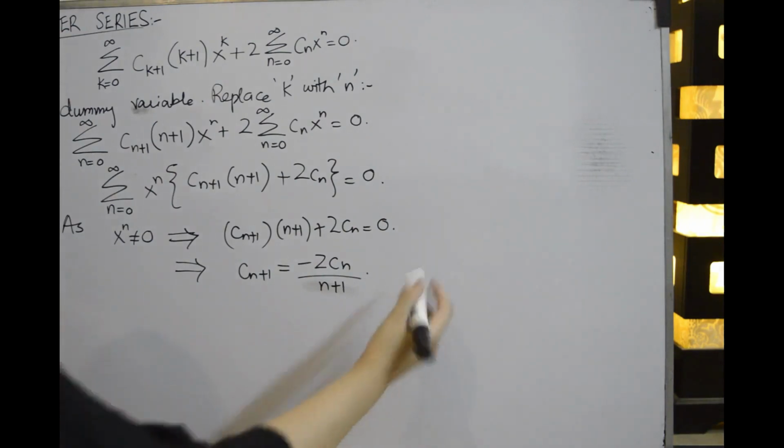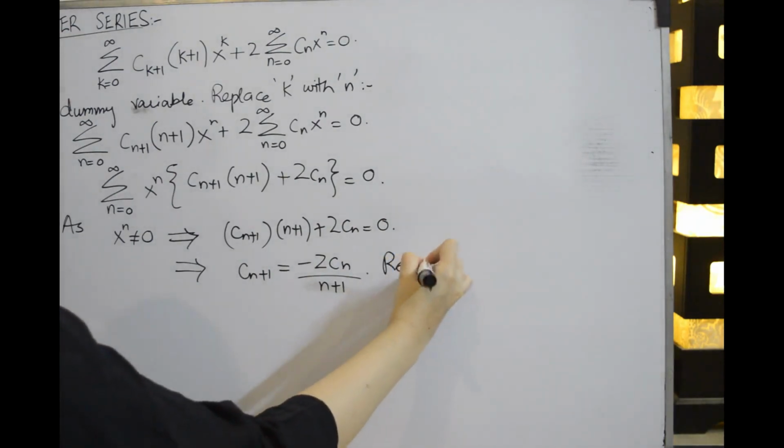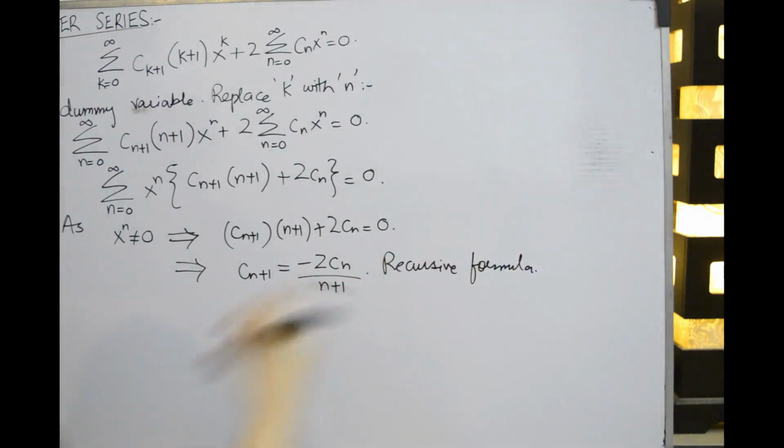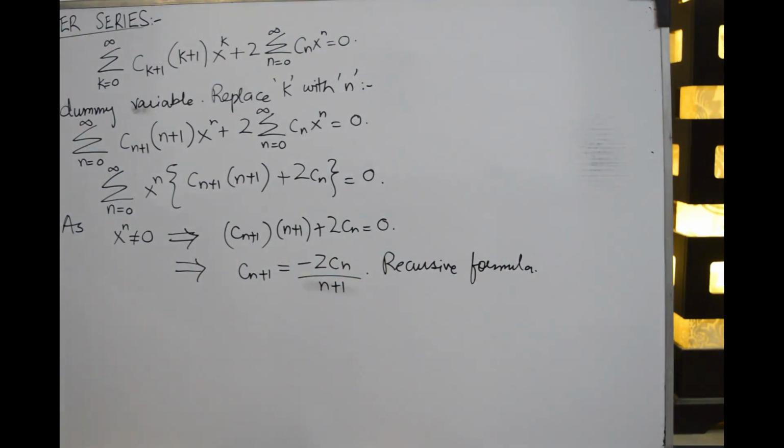So that is the recursive formula of the given differential equation. Now what is the importance of this recursive formula? The basic theme is that this formula generates each and every term. If you have the starting term, then you can proceed further.